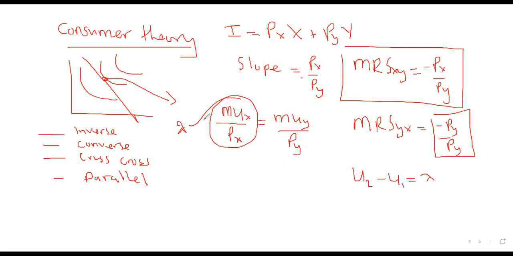The lambda simply gives you the impact of an increase in income on satisfaction. Satisfaction is measured in units called utils.